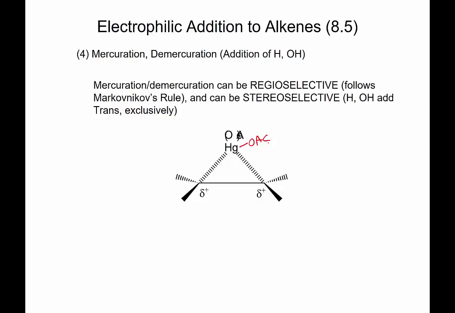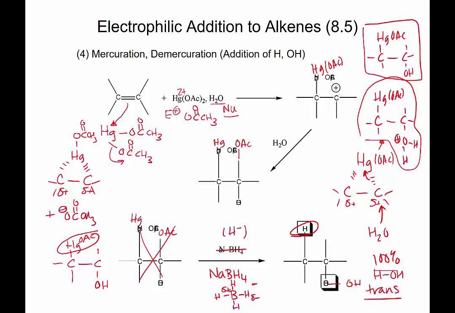So how do we get the Markovnikov addition out of this? First thing you might say is, well, is there really Markovnikov addition? Well, yes, because in the overall reaction, I'm adding H and OH, and the H will add to the carbon with the most hydrogens, and the OH will add to the other one.